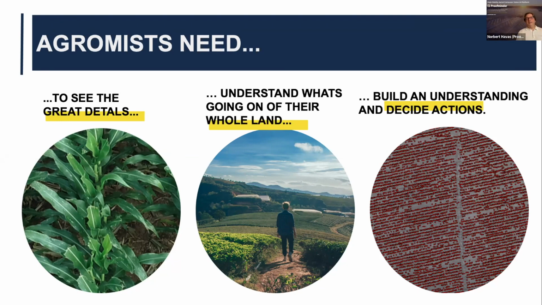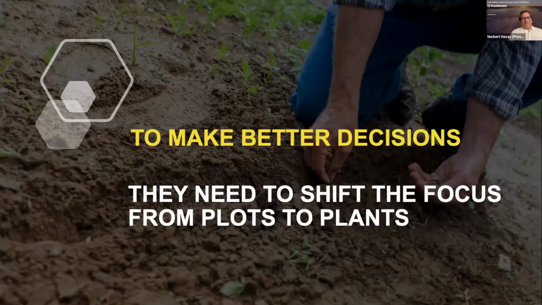The way we can help the agronomists is to help them make better decisions, so they can cultivate healthier food. They can create more food from the same amount of land with fewer chemicals.